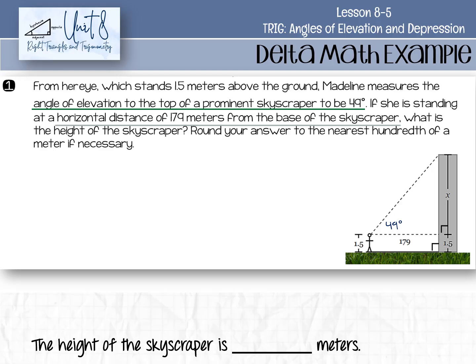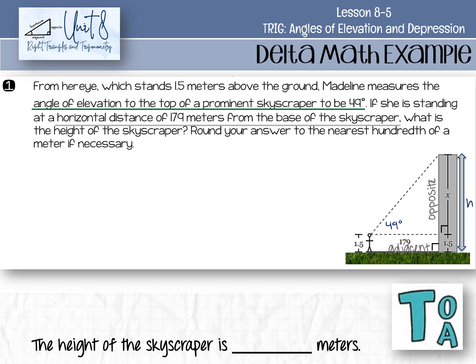Let's see. We need to know the entire height of the skyscraper. But in that triangle, X is what we're going to be calculating. And then we have to add that 1.5 on at the end. So opposite, adjacent, tangent, once again, comes to the rescue.